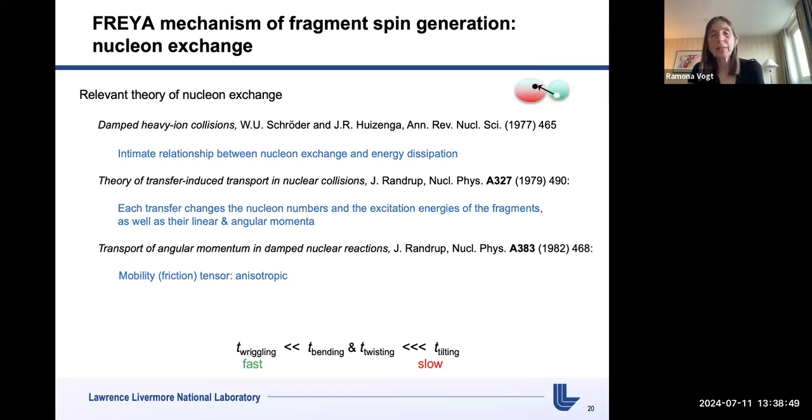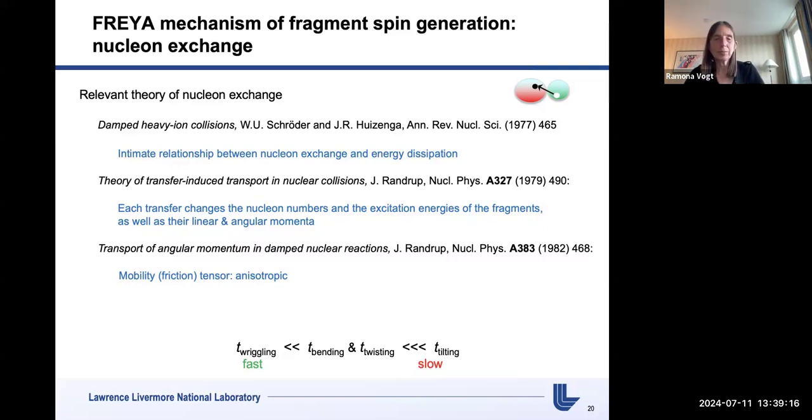So my collaborator here in Roundup followed this up in the late 70s, beginning of the 80s with these papers where every transfer changes the nucleon number and the excitation energy of the fragments, as well as their linear and angular momentum. And in a damped reaction, you have friction, and that's what's referred to as a mobility tensor.